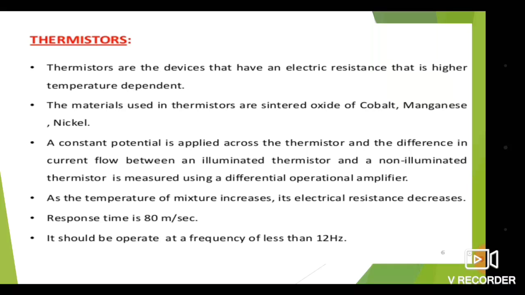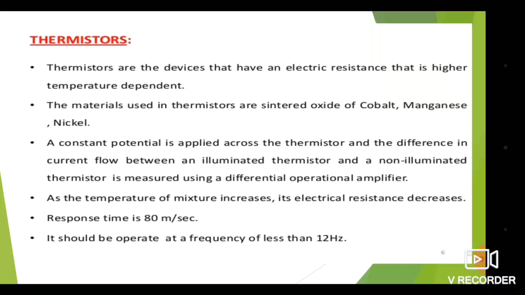So a constant potential is applied across the thermistor, and the difference in current flow between the illuminated and non-illuminated thermistor is measured using a differential operational amplifier. As the temperature of the mixture increases, its electrical resistance decreases.